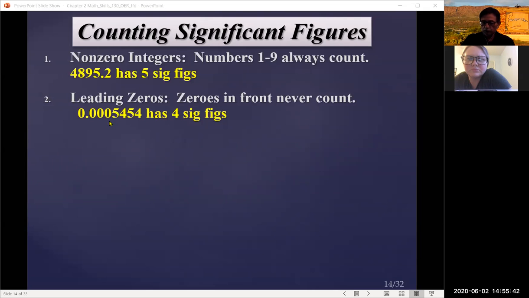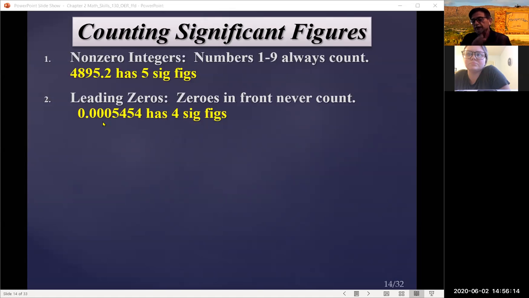Here's a number less than 1. The leading zeros, 0.000, those are not considered significant. All they're doing is holding our decimal place, telling us we're going 4 decimal places to the right of the decimal point, but they're not considered significant. And in this example, 5454 are whole numbers, so this number has only 4 sig figs.